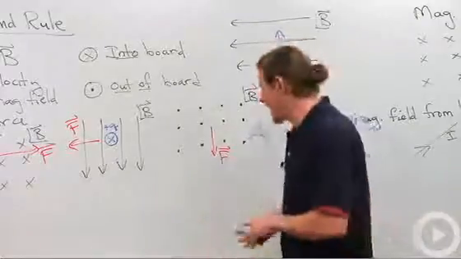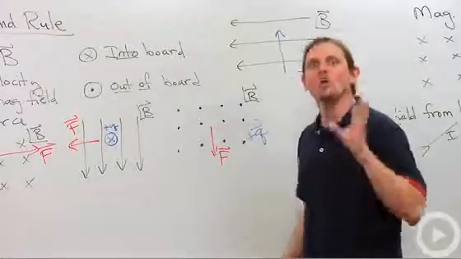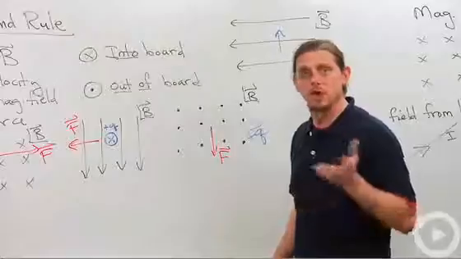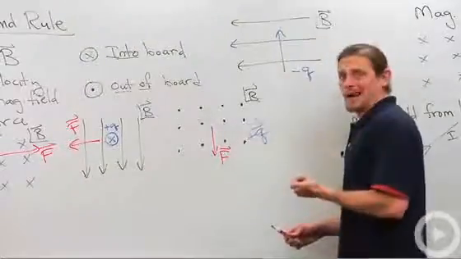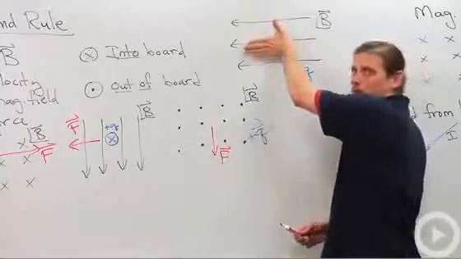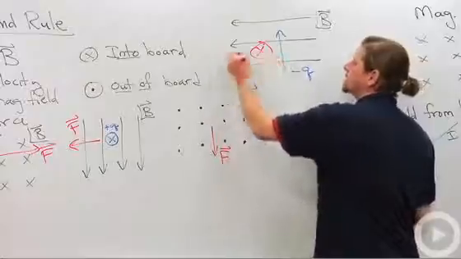So what you do instead is you use your left hand. All right? So negative charges, you use your left hand. Positive charges, you use your right hand. And as soon as I recognize that I'm going to use my left hand, everything goes exactly the same way. And now the force into.